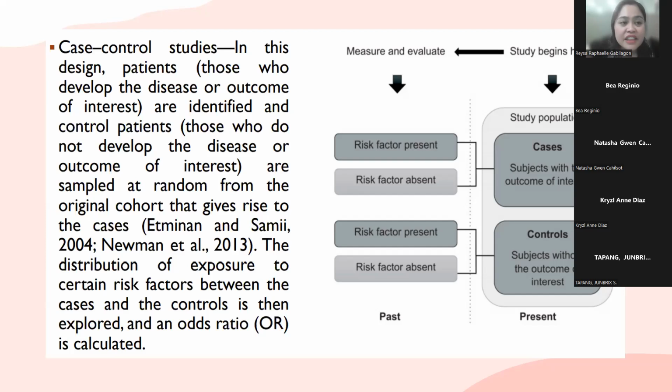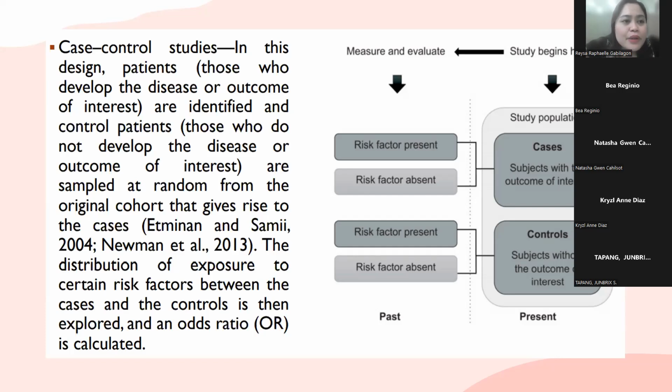So, the outcome of interest is lung cancer. So, lahat yung mga merong lung cancer, isang grupo sila under the case. And then the control, ito naman yung subjects without the outcome of interest. So, yun yung mga walang lung cancer. Yan yung example. Present time yan, ha?